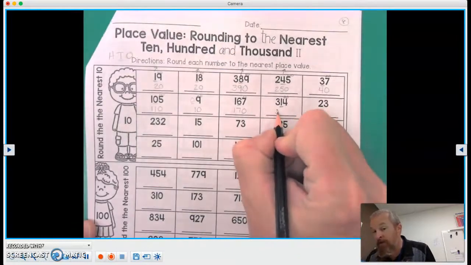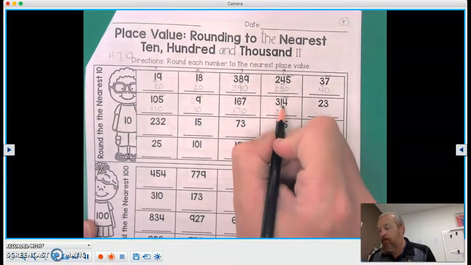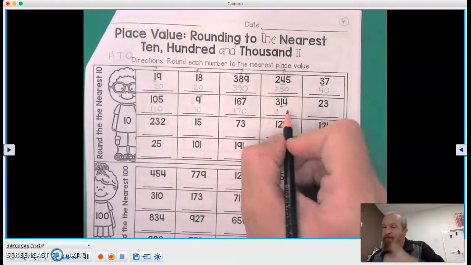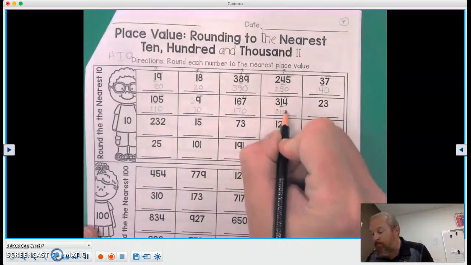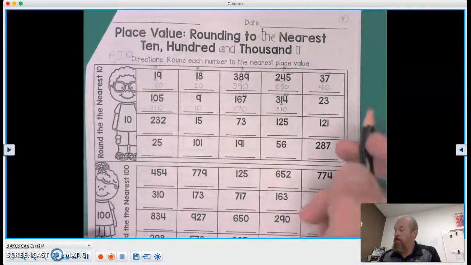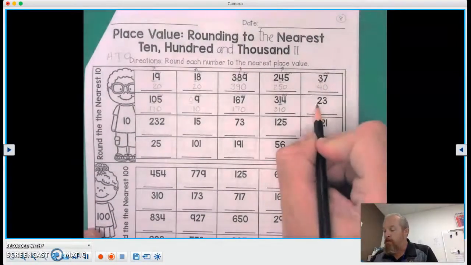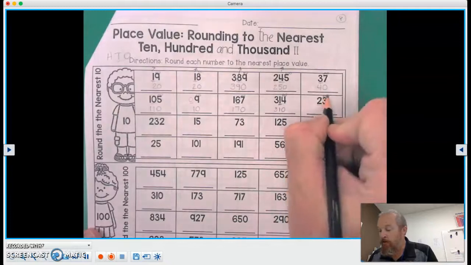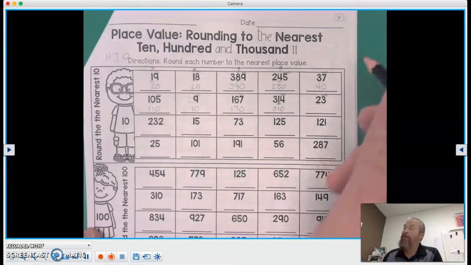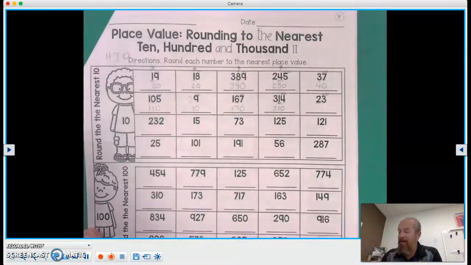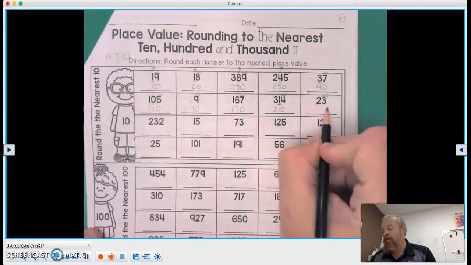We still have the 3 in the hundreds column, but we fall back down to the 1. Instead of raising it up, we let it rest at what it is. 23. Locate the tens column, look next door. 5 or more, raise the score? Nope, 4 or less, let it rest. So it just falls to the 20.